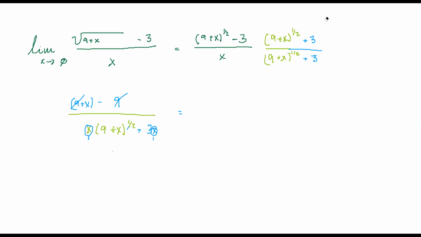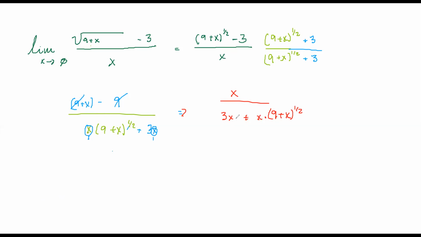Okie dokies. So I'm just going to rewrite this. I'm going to have x, and then I'm going to write this as 3x plus x times 9 plus x to the 1/2. Okay.